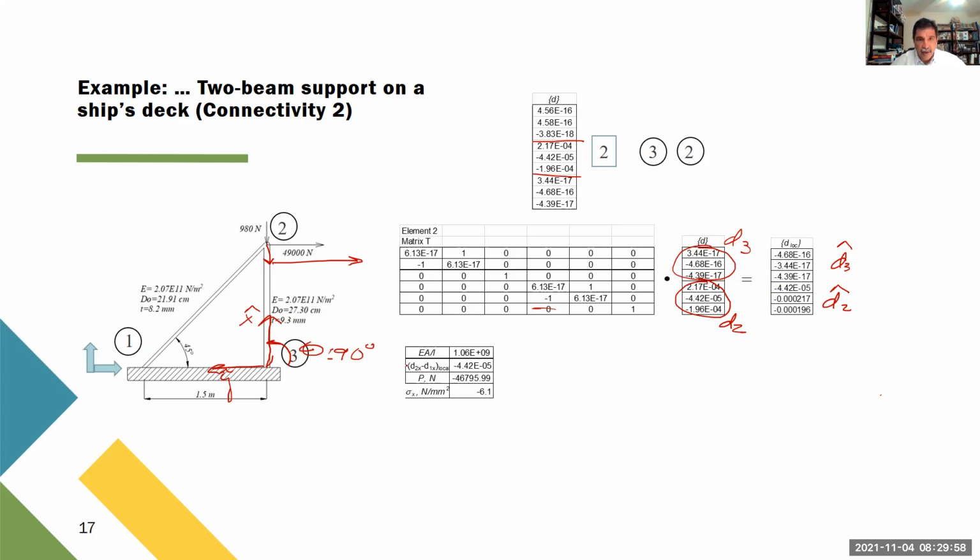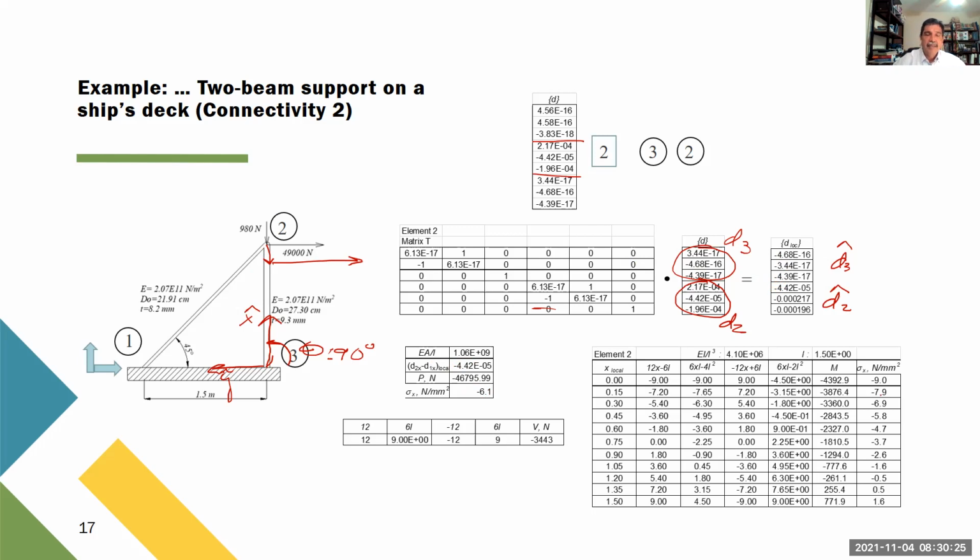And again, we have to recognize that the second joint of this element is, in this case, joint 2. So it's going to be minus this value here, minus 0, because the third joint doesn't move. That's why we obtain a negative value here, and we have a compression stress. Shear force, bending moment.